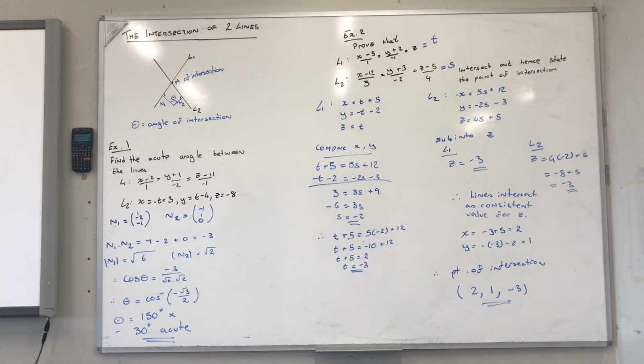So they're giving me my values of 2, 1, and -3. And that is the intersection of two lines.